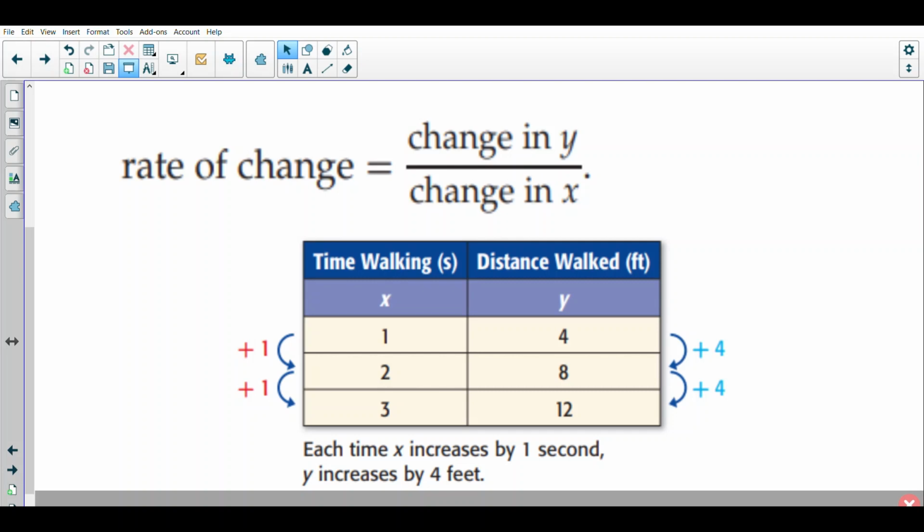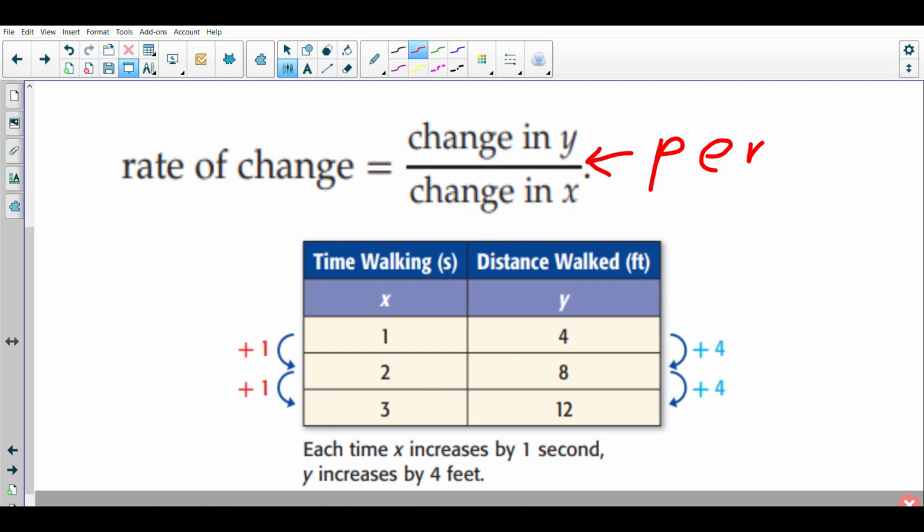That's what we're talking about, rate of change. So 4 feet per second, because the y is on top and the x is on the bottom, and that middle bar really implies the word per. So distance walked per time walking.